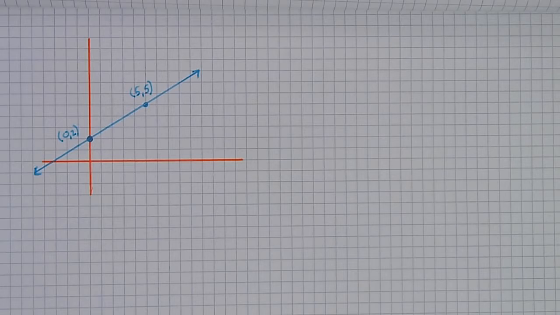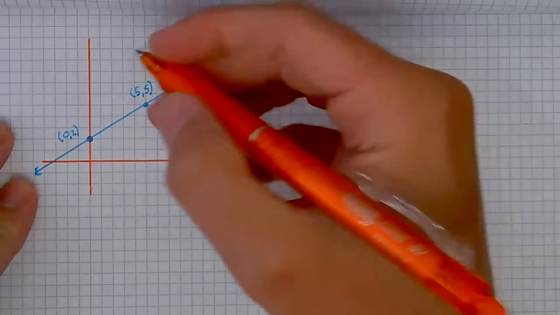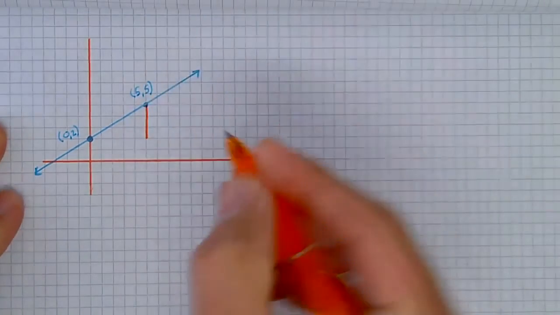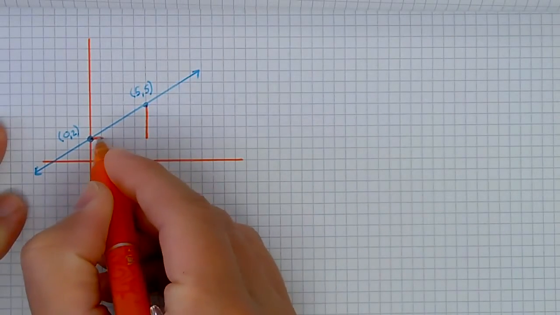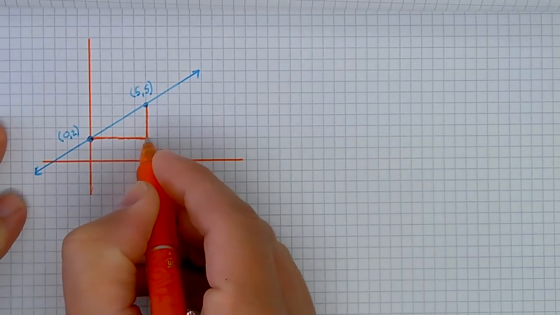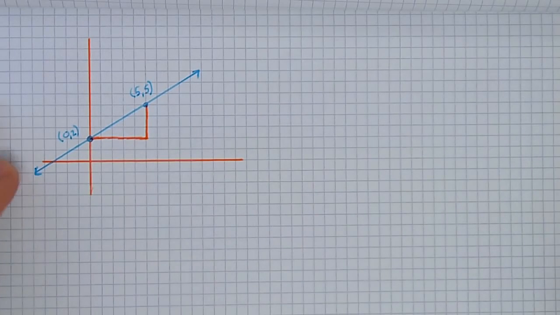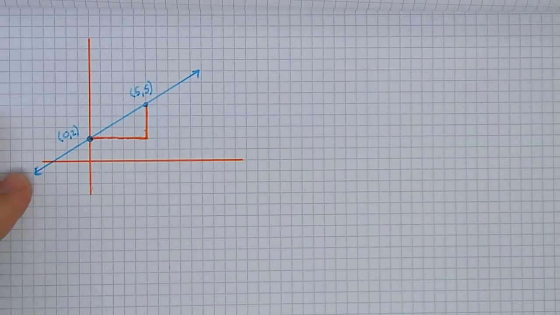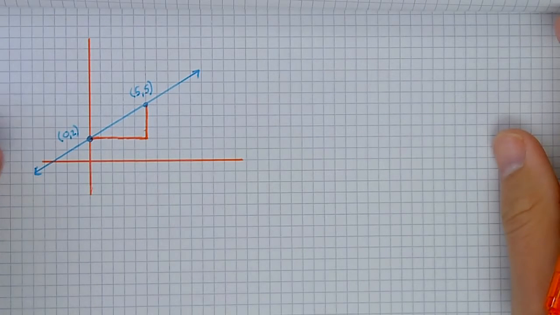So the easiest way to solve these is by making what we refer to as a slope triangle. Essentially you're just going to make a right triangle from one point to the next.